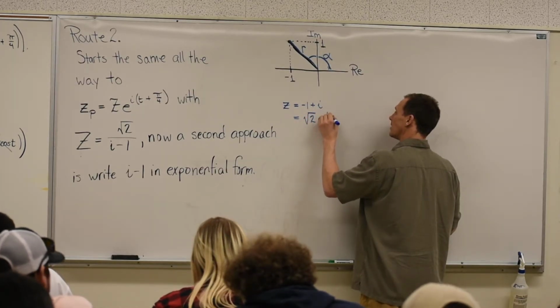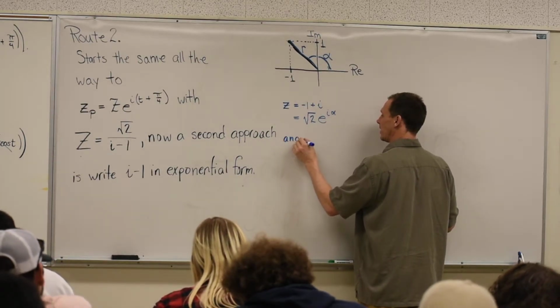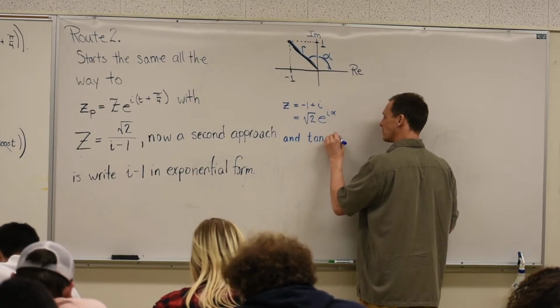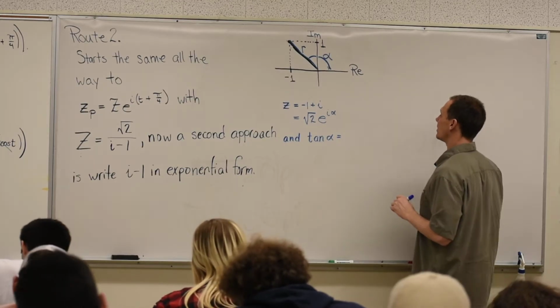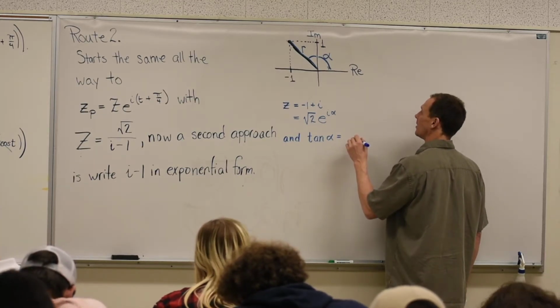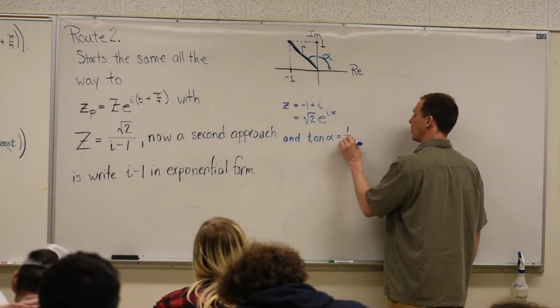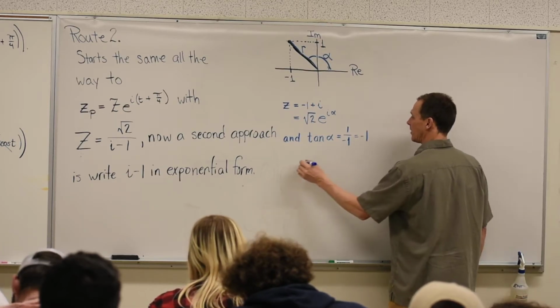Then e to the i alpha, and we have to find alpha. Tangent of alpha has to be 1 over minus 1, or negative 1.